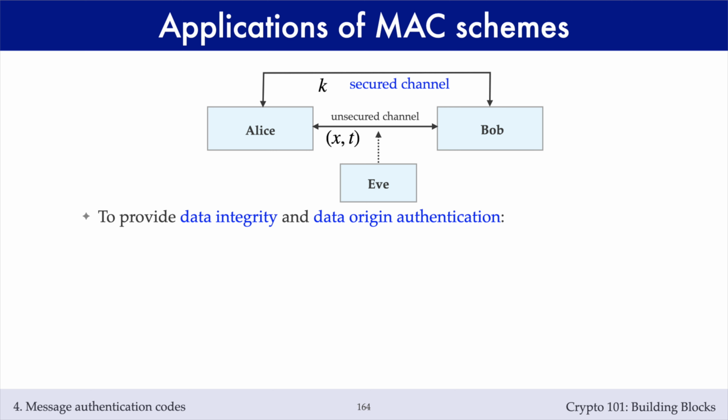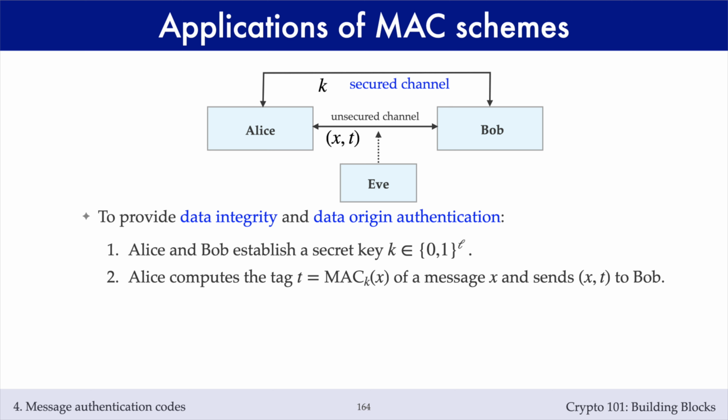Here's how Alice and Bob can use a MAC scheme to achieve data integrity and data origin authentication. Alice and Bob begin by sharing a secret key from the key space. They do this somehow by communicating over a secured channel. When Alice wants to send Bob a message, she computes the tag T of the message X using her secret key K, and she sends the message and the tag to Bob over the unsecured channel.